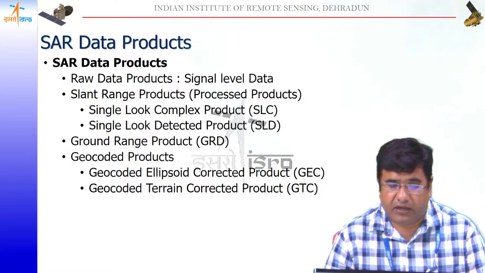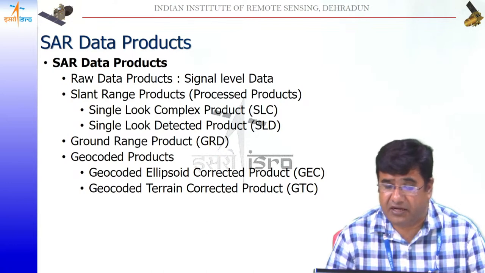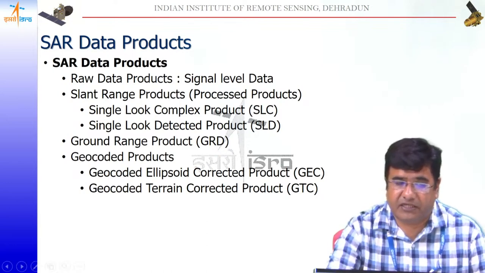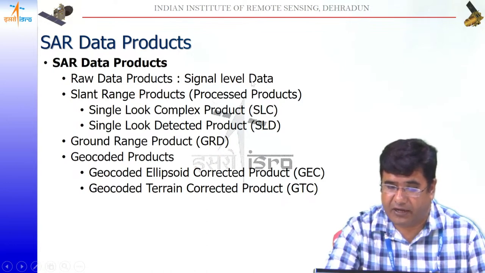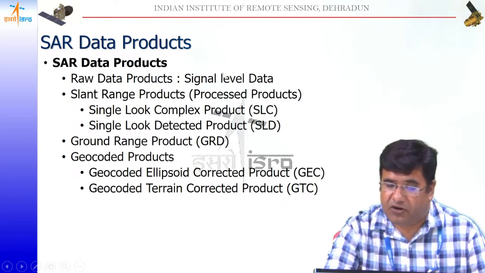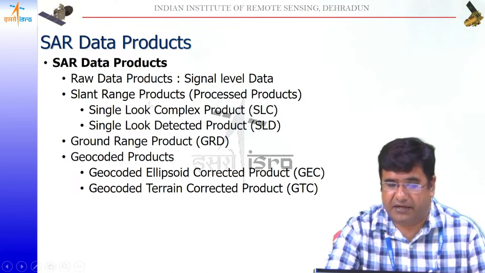We have different SAR data products. First is the raw data product, which is called the signal level data or the level 0 data. After doing the raw data processing, we get the slant range product, which is a processed product. It can be of two types, SLC and SLD.